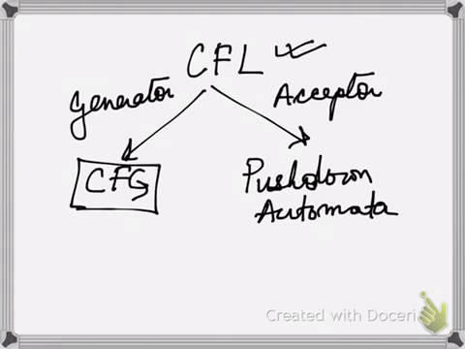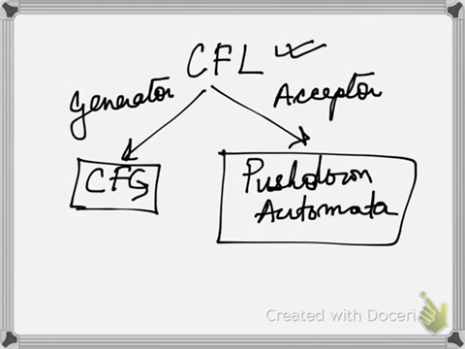Our parsing is going to be implemented with the help of a push-down automata. Our parsing algorithms are going to construct a push-down automata to find out whether to accept or reject the program.